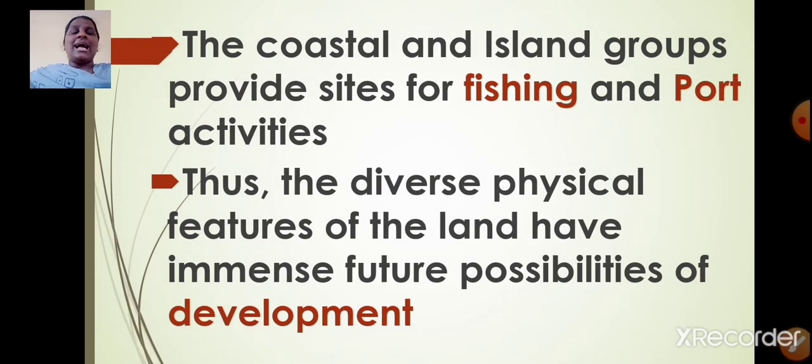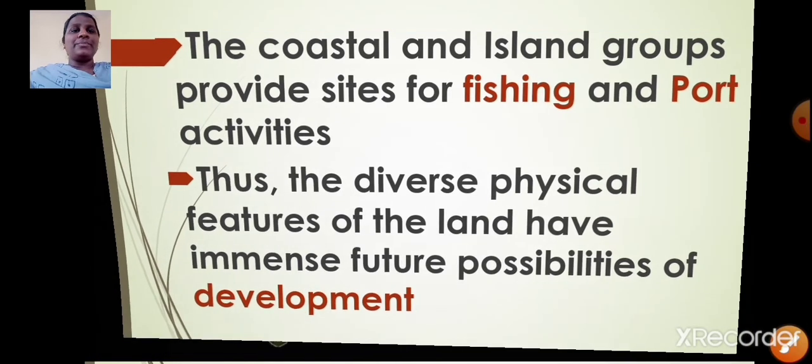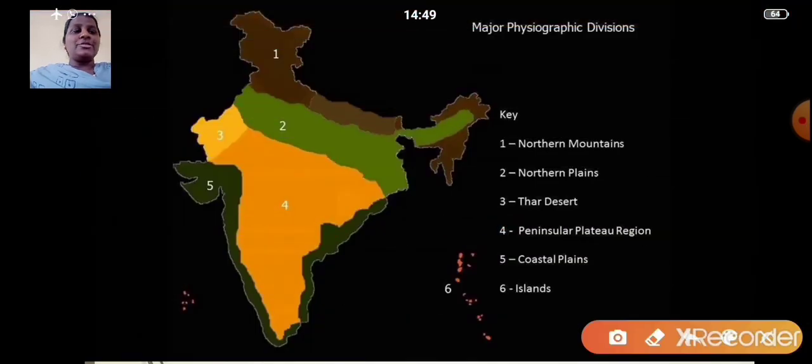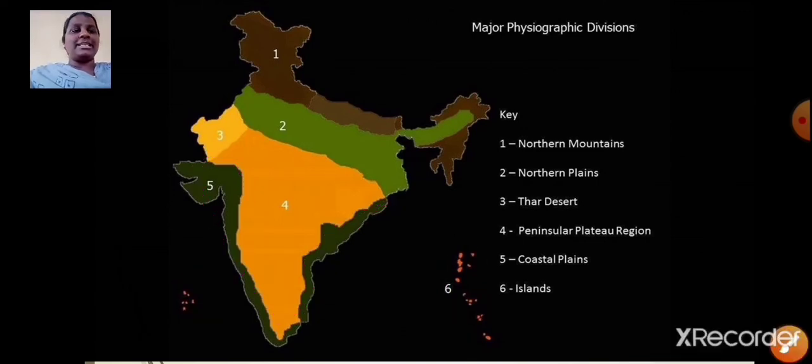The coastal and island groups provide sites for fishing and port activities. So, what is the importance of coastal and island groups? Yes, they provide sites for fishing. These coastal plains and the islands provide sites for fishing and port activities.